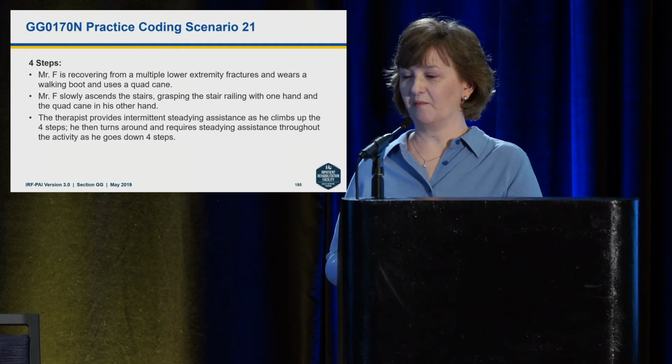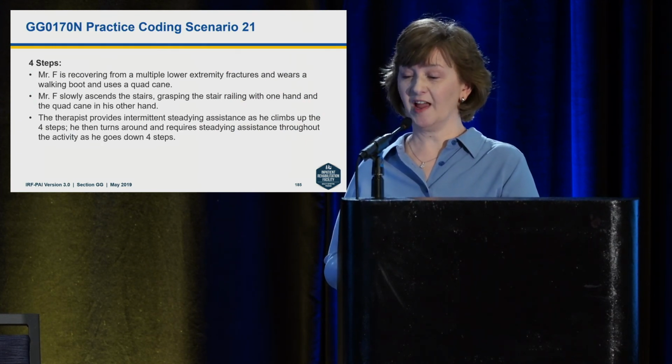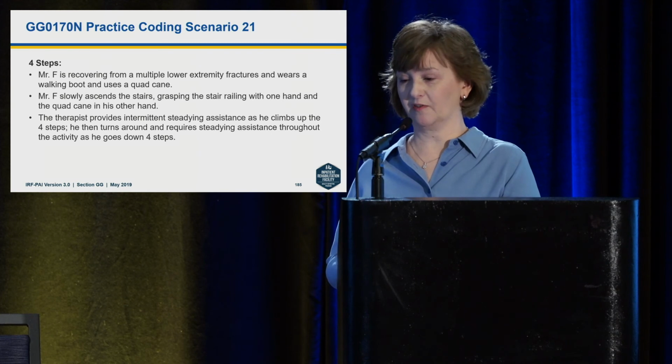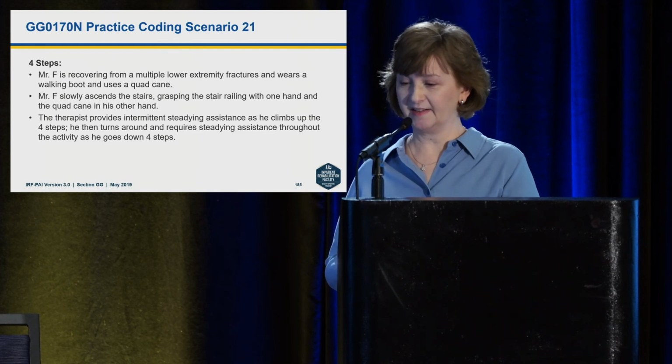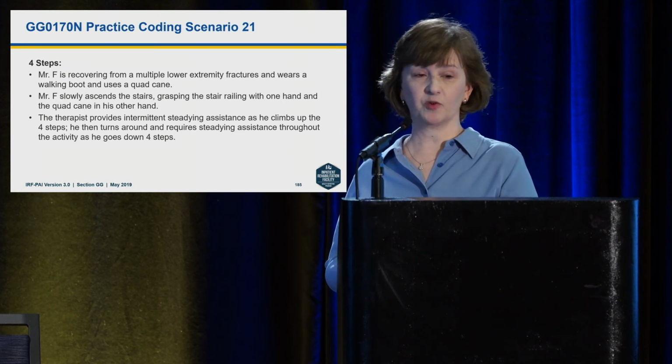So next, we do have another scenario here for you. With 4 steps, Mr. F is our patient. He is recovering from multiple lower extremity fractures and wears a walking boot and uses a quad cane. Mr. F slowly ascends the stairs, grasping the stair railing with one hand and the quad cane with his other hand. The therapist provides intermittent steadying assistance as he climbs up the 4 steps.